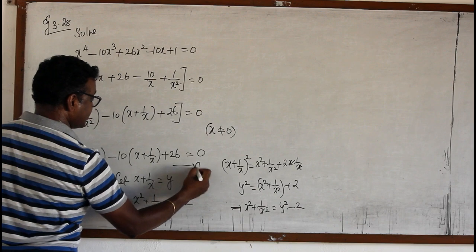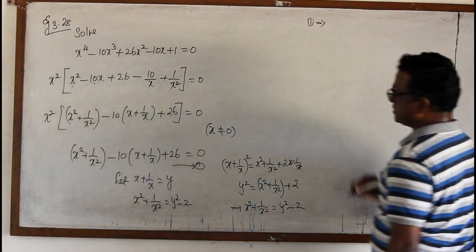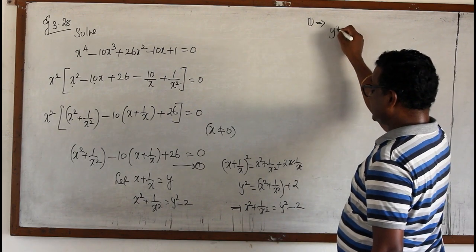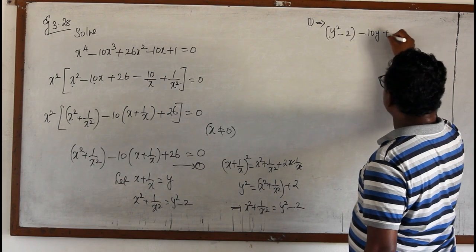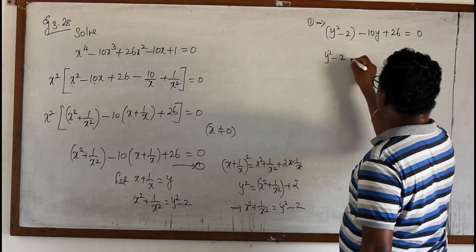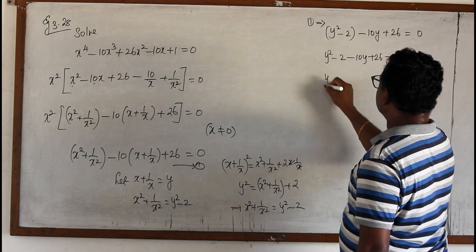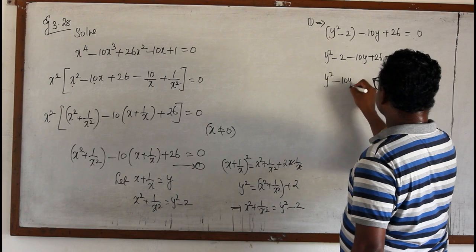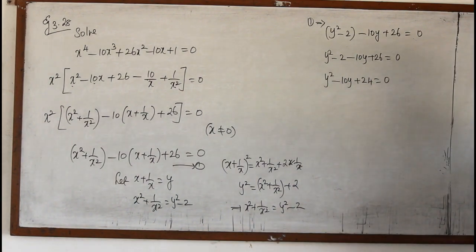We shall keep this one as it is. Then it can be written as y square minus 2, minus 10 into y, plus 26 equal to 0. It is y square minus 2, minus 10y, plus 26 equal to 0. It is y square minus 10y plus 24 equal to 0, which is a quadratic equation in y.